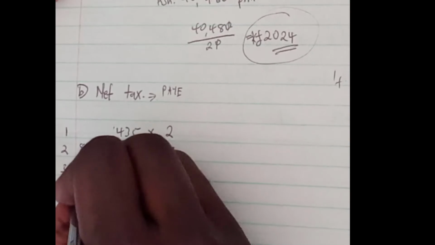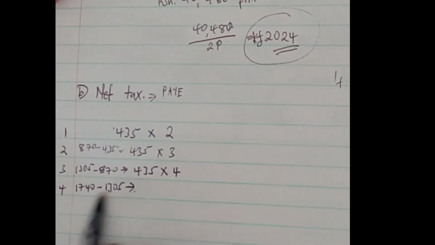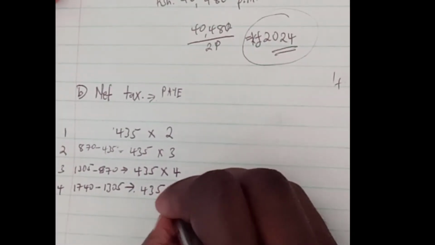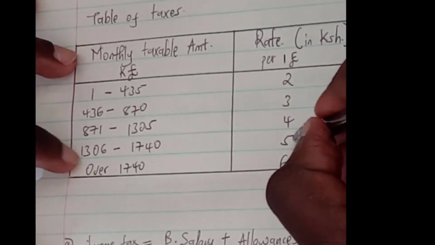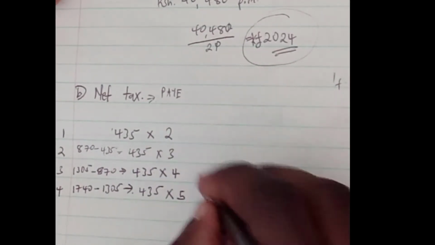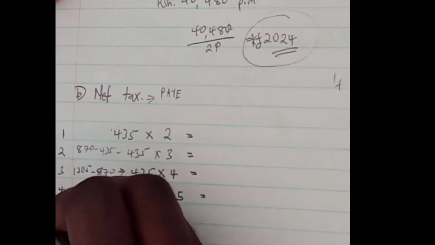So we have to go to row number 4, and the range there is 1740 subtract 1305, and when you get that difference, it will be 435. Multiply that by the rate, and the rate here is 5. When you multiply this by the rate, you'll be able to get the amount of money that is being charged for all these ranges. Then let's go to row number 5.